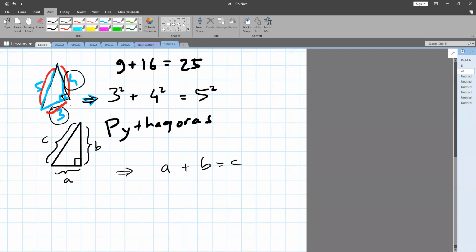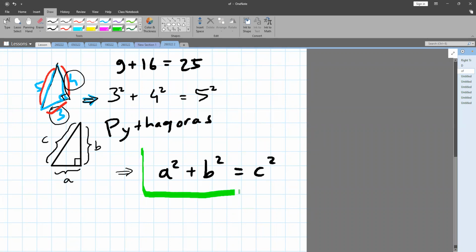You can't say that A plus B equals C, because when you look at the example that we had before, they make 7. The right one will be A square plus B square equals C square. So this is the famous Pythagoras formula. He got the credit.